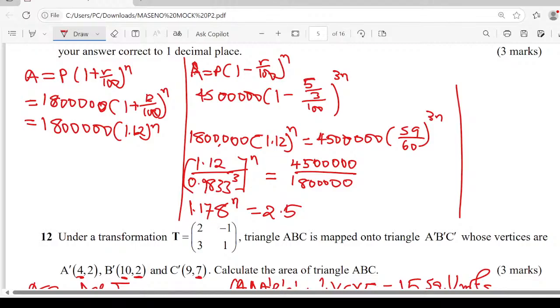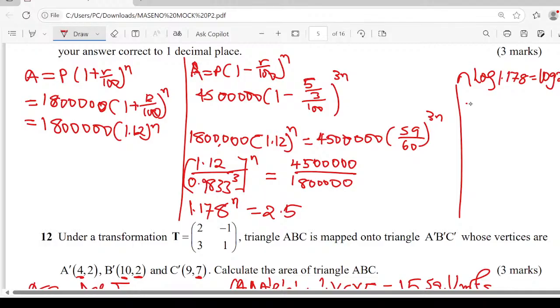If that is the case, you introduce the log, such that n log 1.178 equals log 2.5.